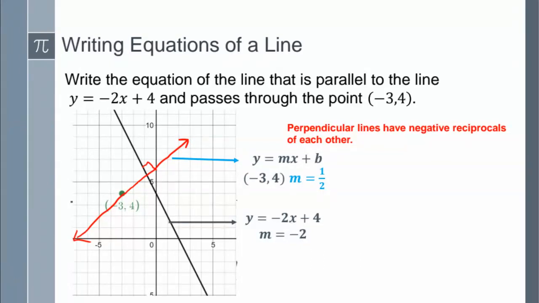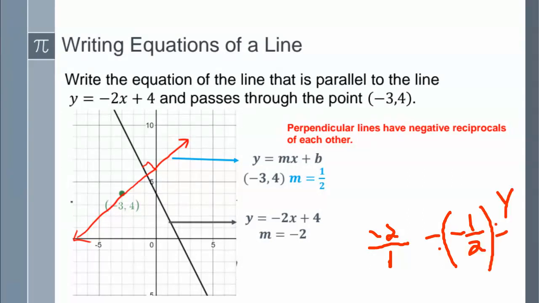Remember, negative 2 can be written as negative 2 divided by 1. So we take the negative reciprocal and flip that fraction. We have a negative, and the reciprocal of this number is negative 1 over 2. So negative negative becomes positive.